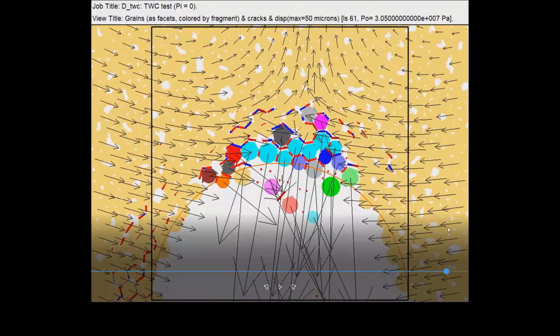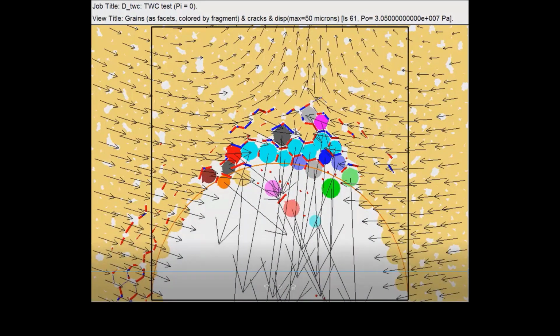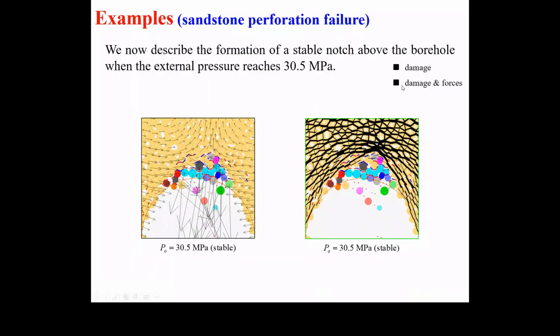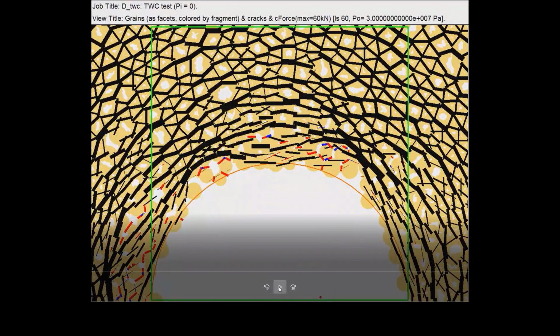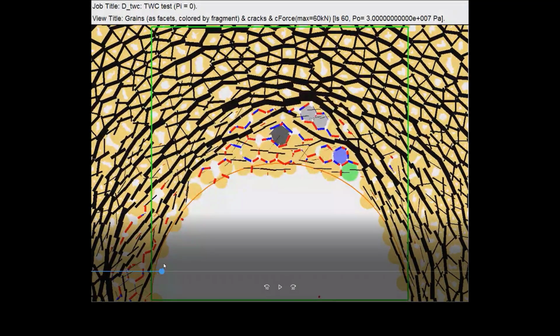This is what they see in the rock. These are like onion skins, these fragments that form along the side. Again, to explain that, we need to look at the force chains. Black is compression, and the thicker the line, the higher the magnitude. Now watch what happens. You're going to lose compression in here because the material is getting more compliant as it breaks.